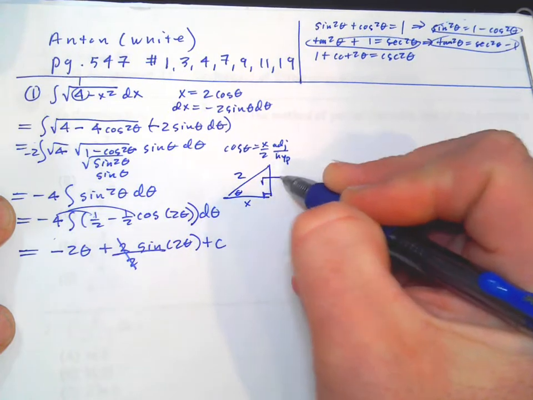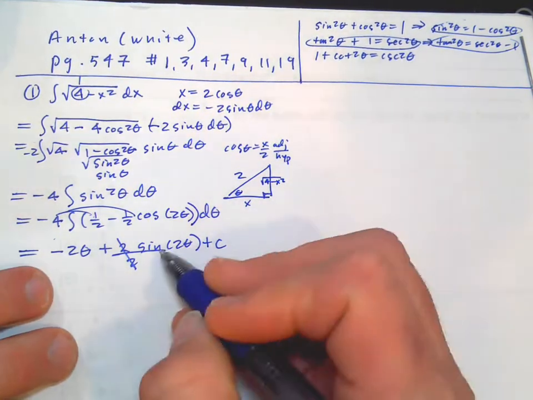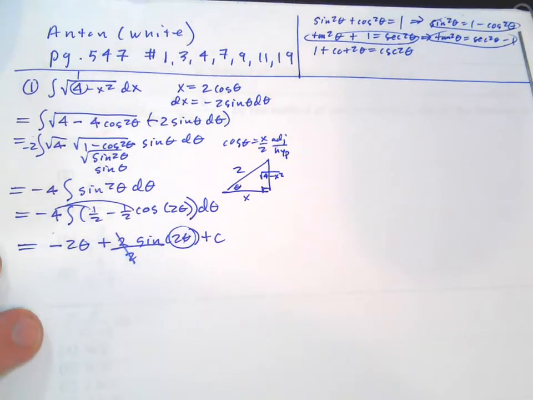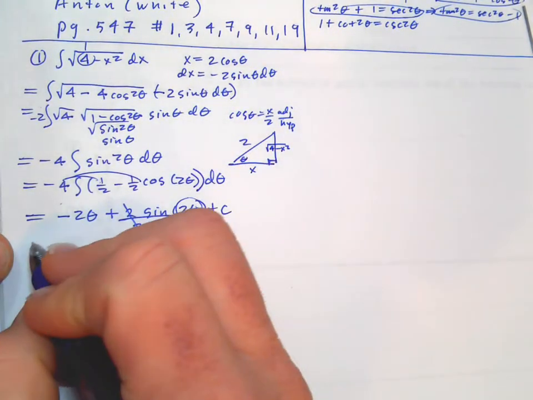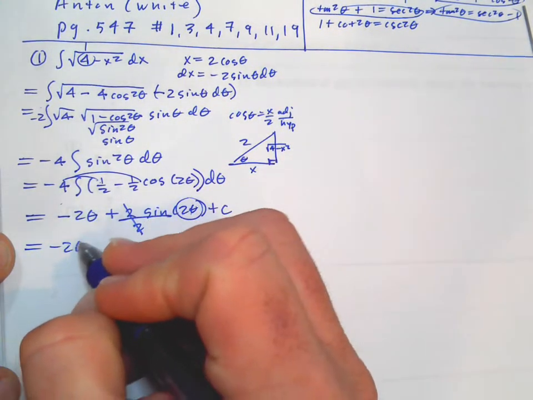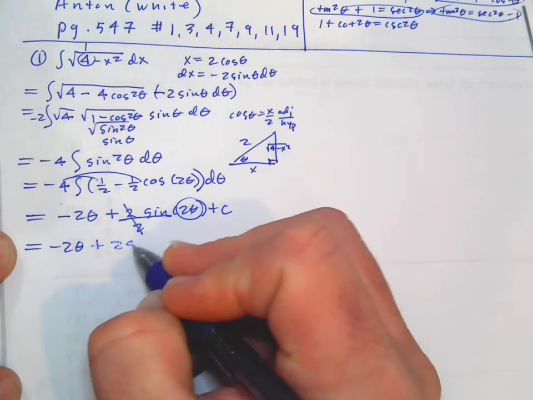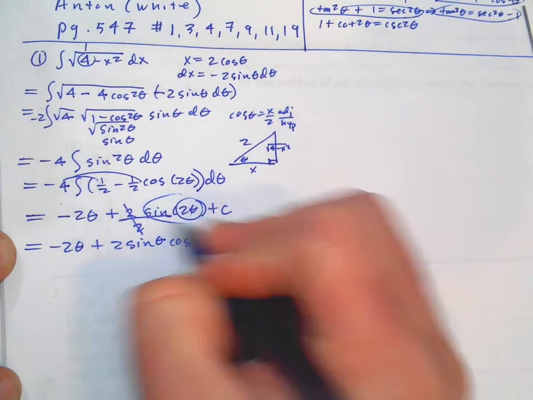So this is going to be the square root of 4 minus x squared. But we have sine of 2 theta. So how do we deal with that? Well, we have to use a double angle identity for sine, which I wrote in the notes yesterday. And what it ends up as is 2 sine theta cosine theta. That's what sine 2 theta equals.